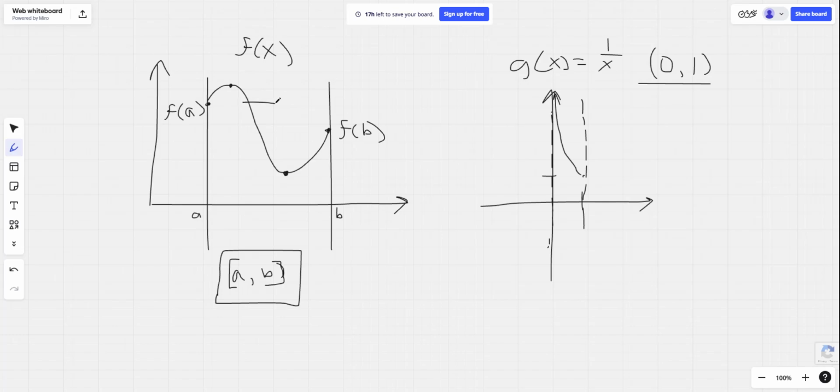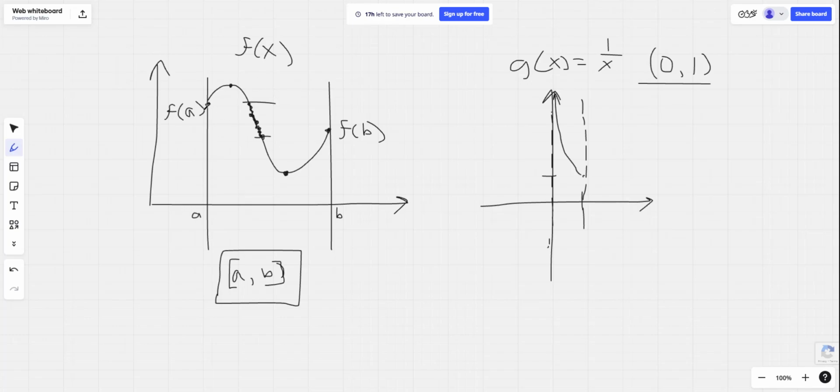So like for example, look in this region here, every single function value that is between f of a and f of b, every single y value is reached in this interval, and it applies to the entire function.